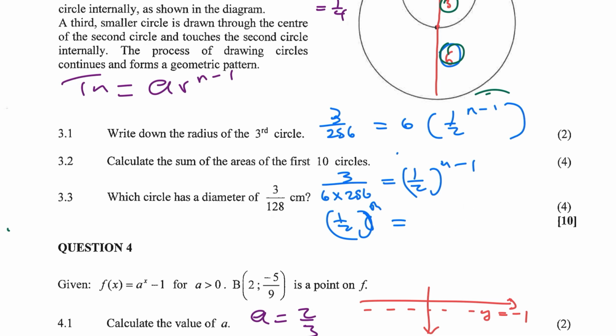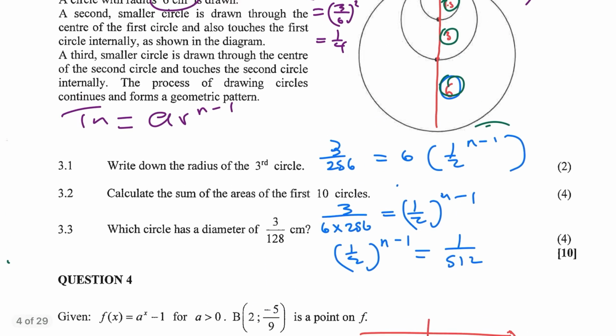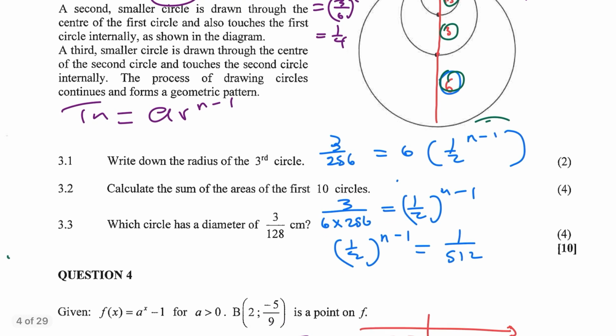Okay. So again, what you have is, half to the power n minus 1 is equal to 1 over 512. And then from here, what we're going to use is what you call logarithms.